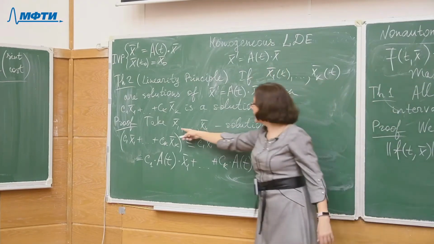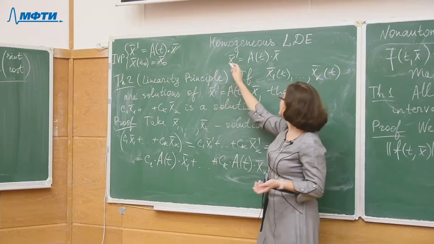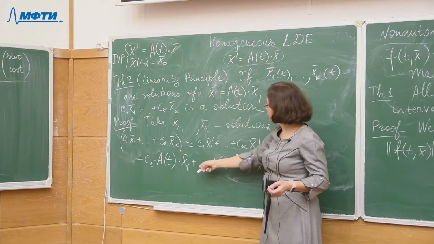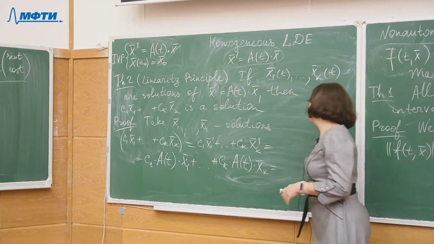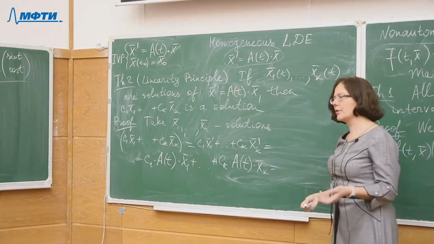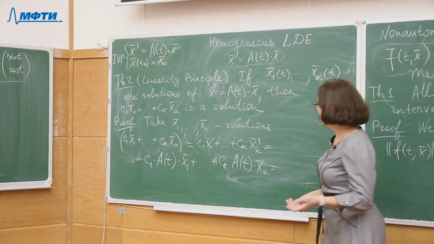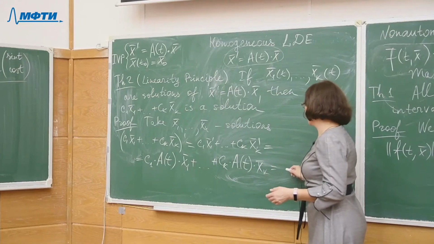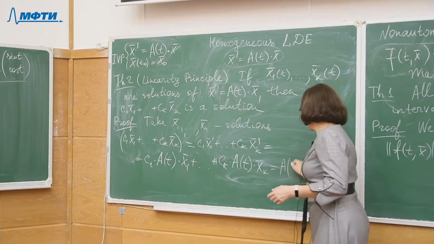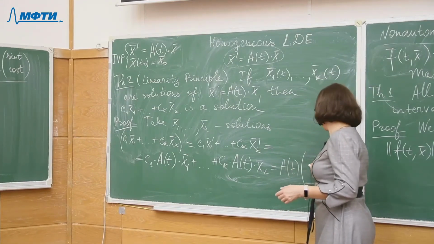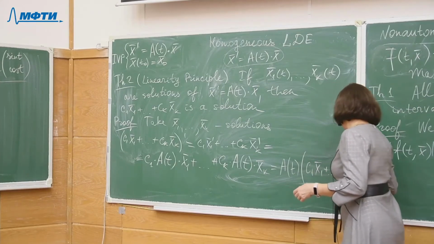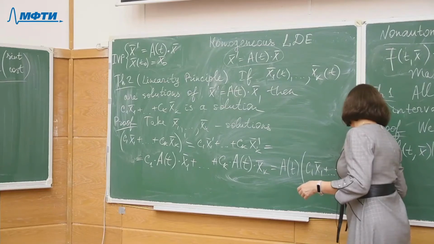We know that x1 and so on through xn are solutions of this equation, and I have substituted this into our expression. Using the property of the matrix product, we can rewrite this as the matrix A of t times c1 x1 plus ... plus ck xk.